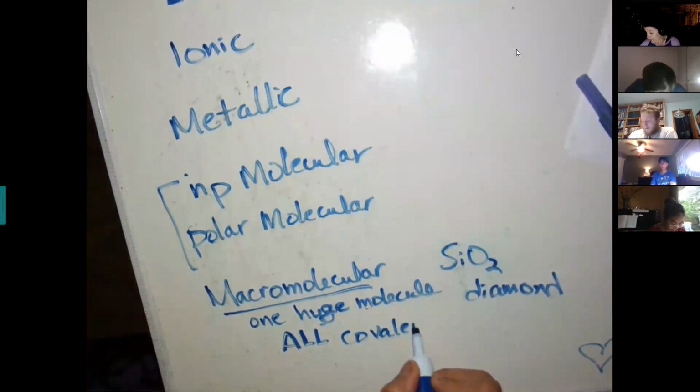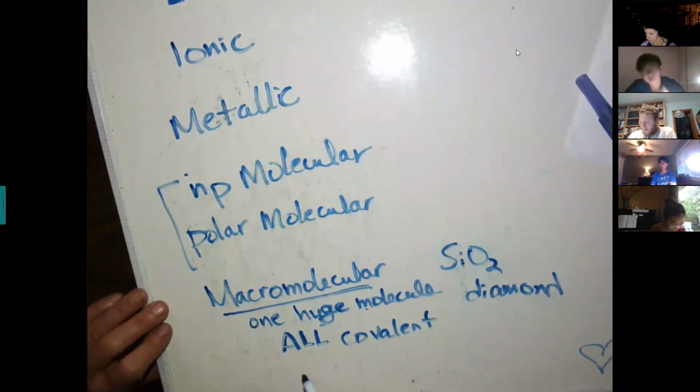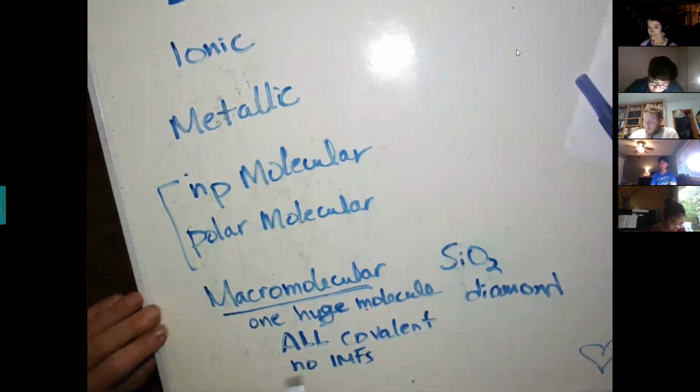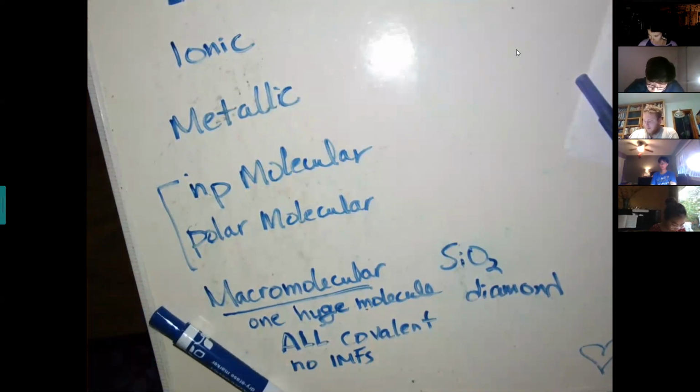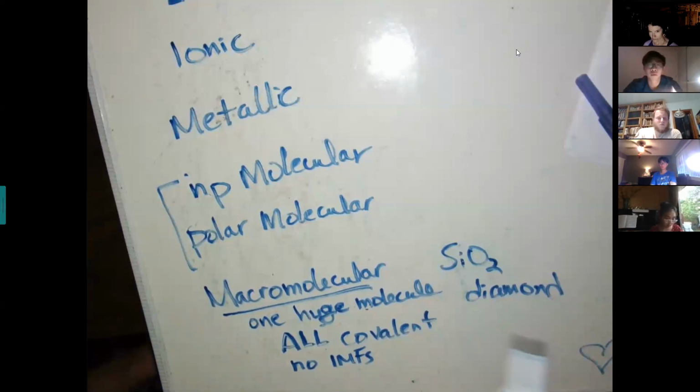And that's why diamond, I'm pretty sure you all know about diamond, it's the hardest substance. And that's because it's all covalent. There's no IMFs. So again, it's like if you were an octopus and everything's connected. It can't be taken apart. Silicon dioxide is sand or quartz or stuff like that. And so it's all connected to each other.